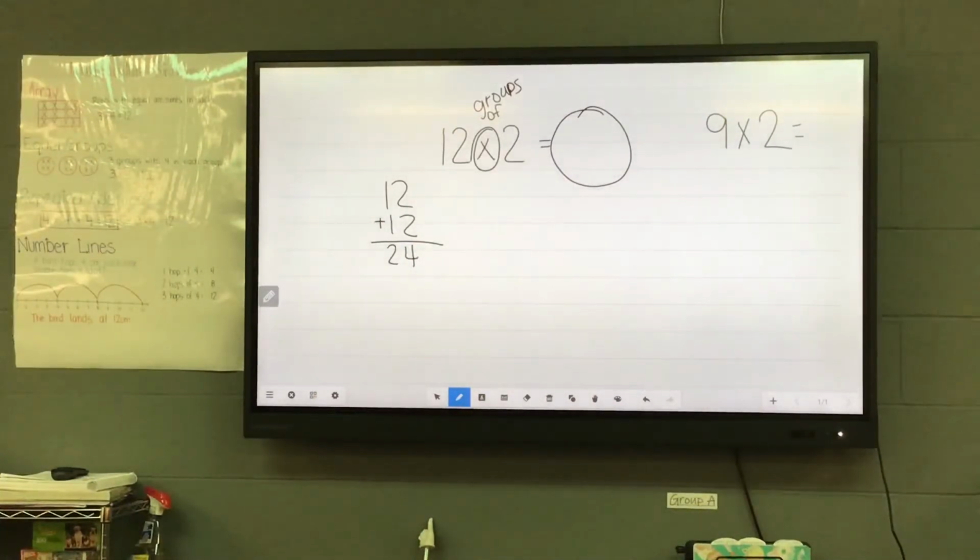See if you can figure out the product for 9 times 2.